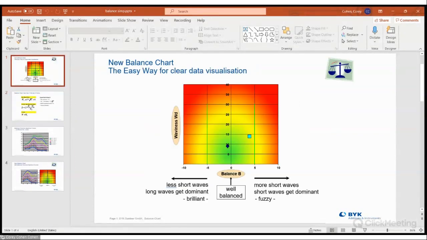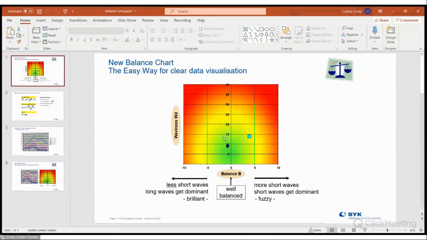So when we look at the balance chart, the ideal balance value is 0, and that means that according to this equation, the WB and the WD are perfectly in balance. If the B value is negative, that means your longer wave structures are dominating. If your B value is positive, that means your shorter wave structures are dominating.